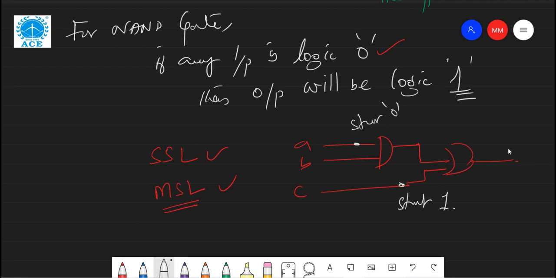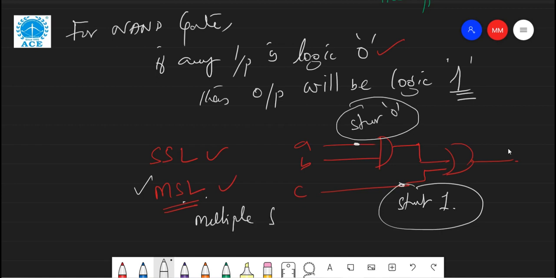It is also possible. This is called a multiple stuck line fault. So previous examples I showed with single stuck line faults. So these faults may be more than one or one, whatever, right?